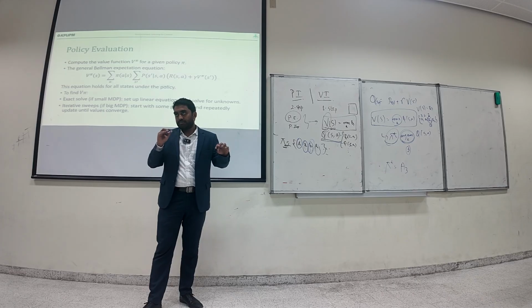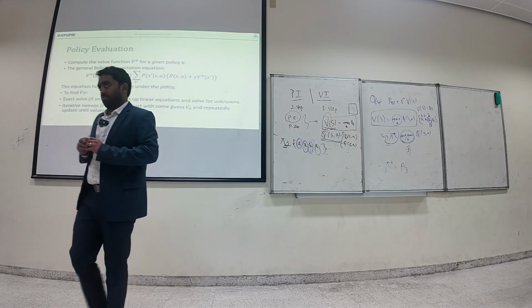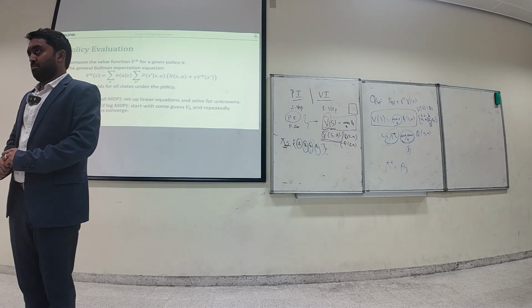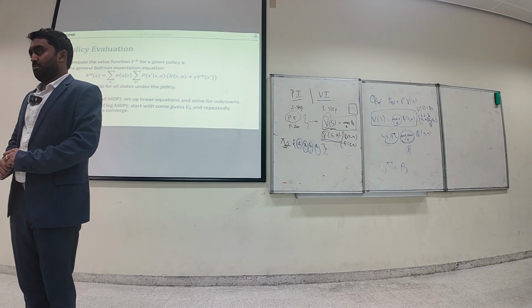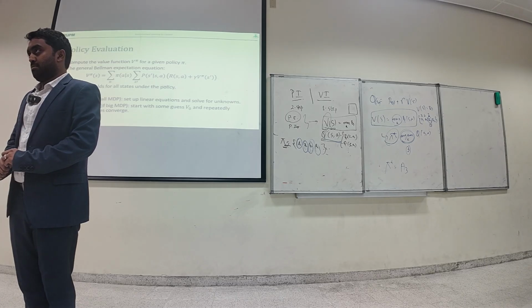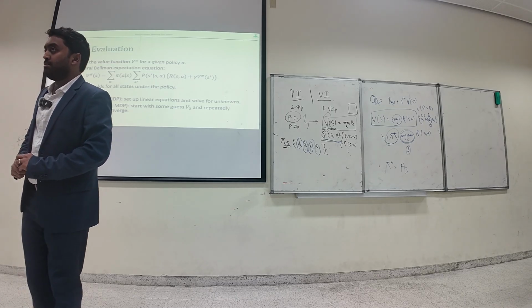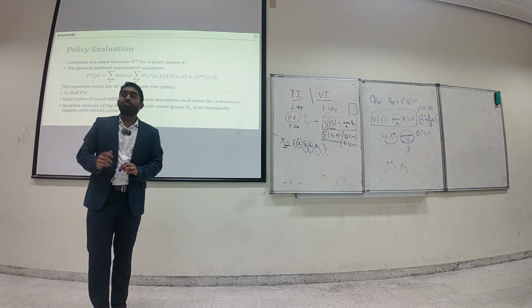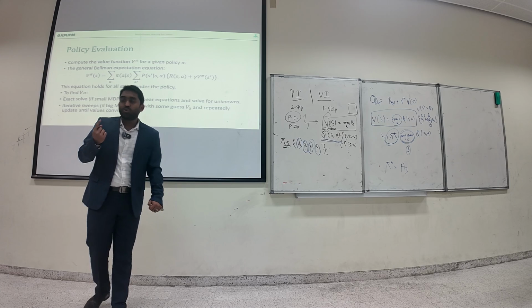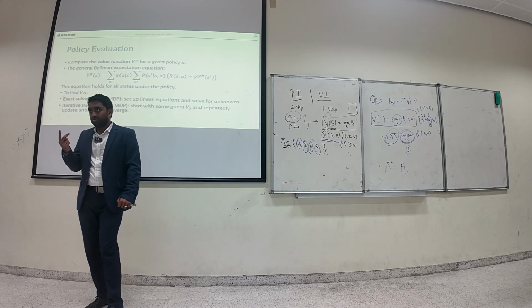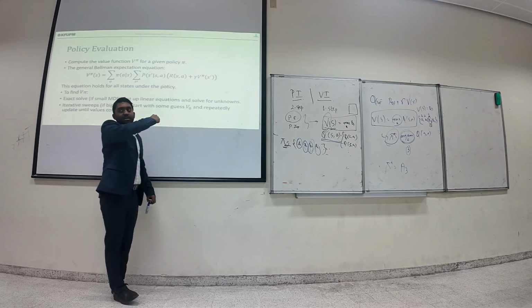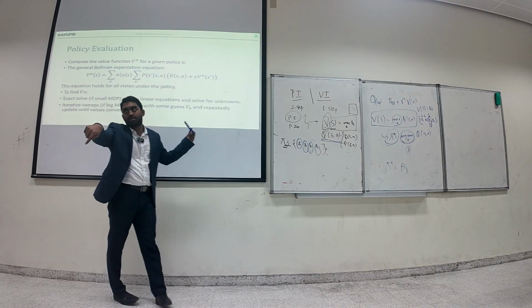Can the policy have two actions at the same time? For one state, you can have 2 optimal actions. Say for our grid problem that we were doing the other day, you start at the top left and the goal is at the bottom right.